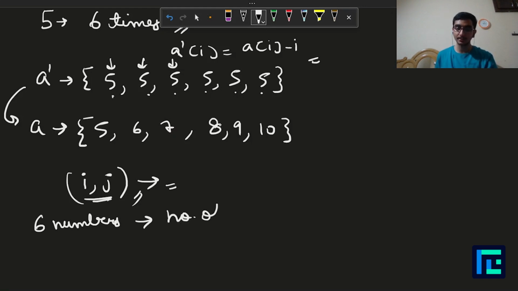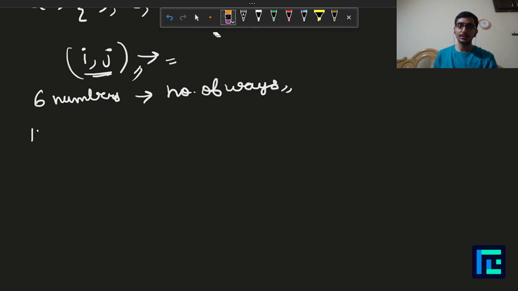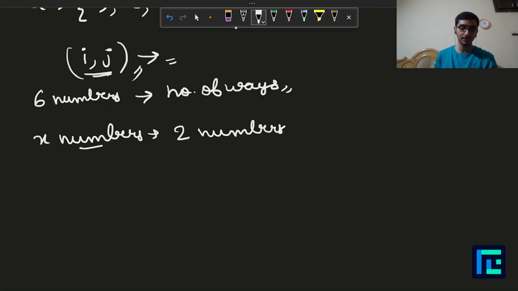This sounds very familiar, right? Let's generalize it. Let's use a better variable x. So I have x numbers and I want to choose exactly two numbers from the set of x numbers. What are the number of ways? Isn't it NC2?